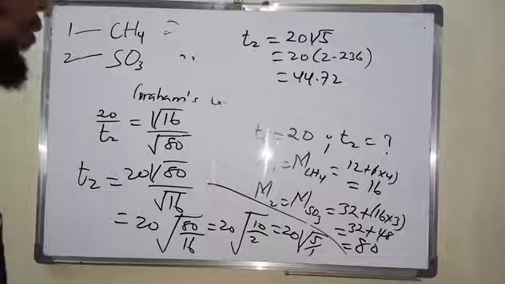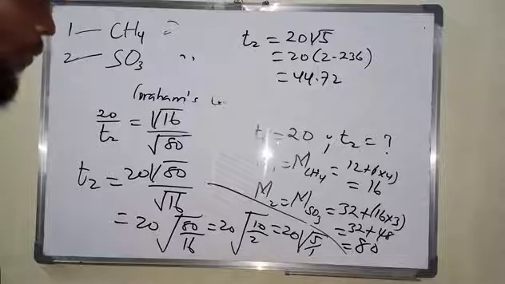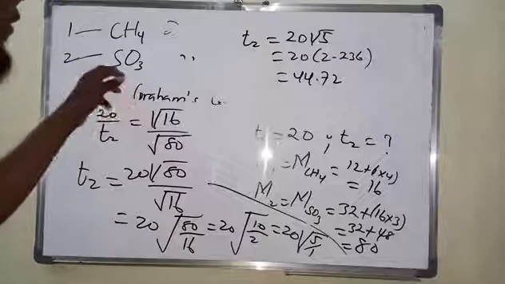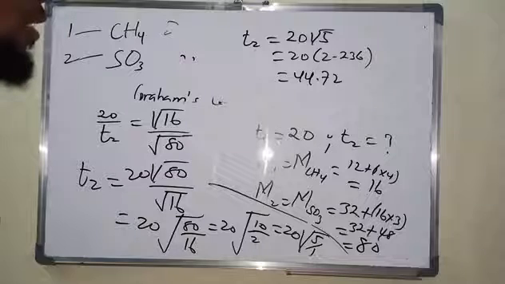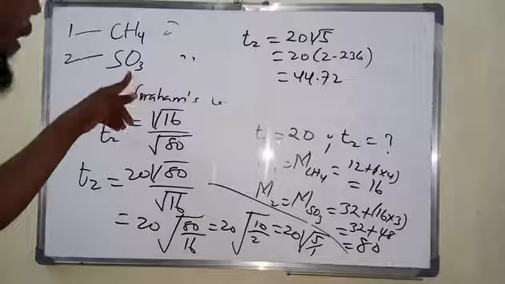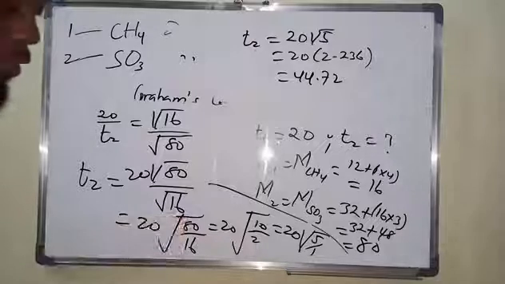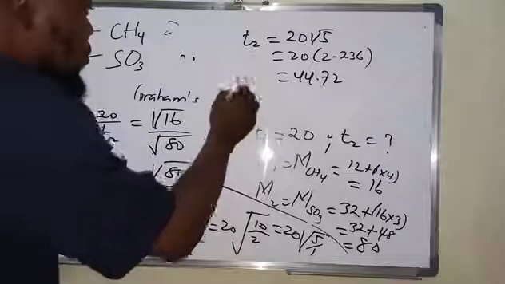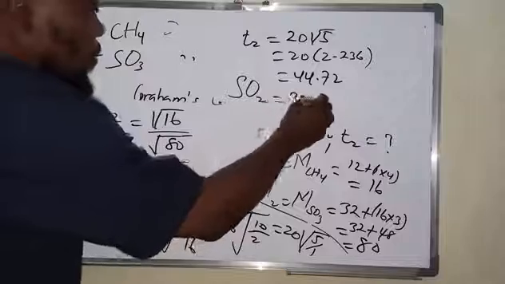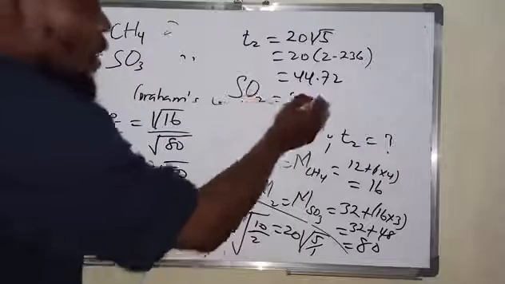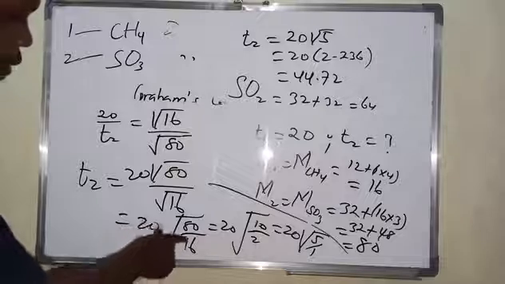But I suspect they actually gave SO2 rather than sulfur 6 oxide. SO2 would have given 32 plus 16 times 2, which is 64.